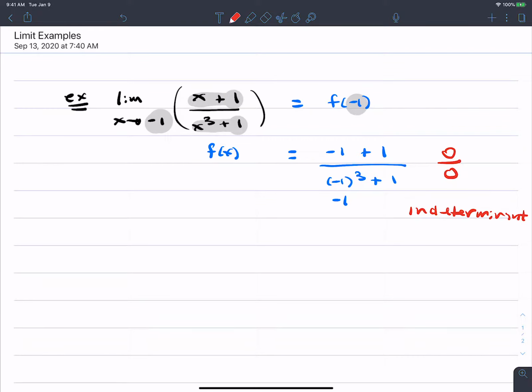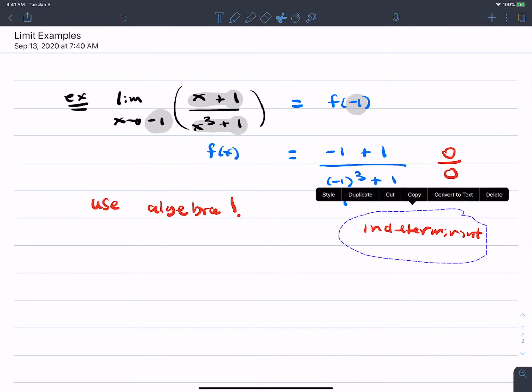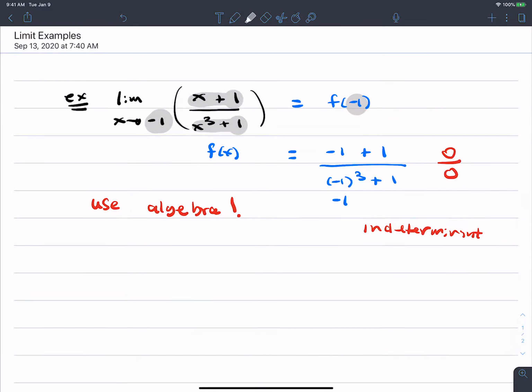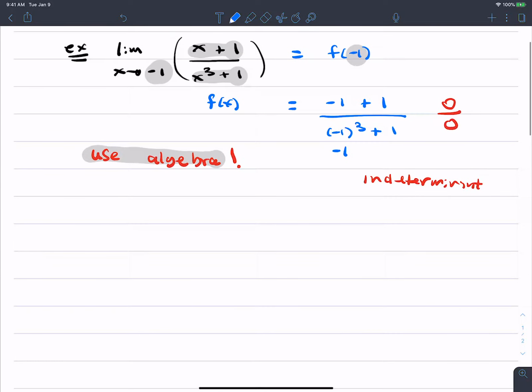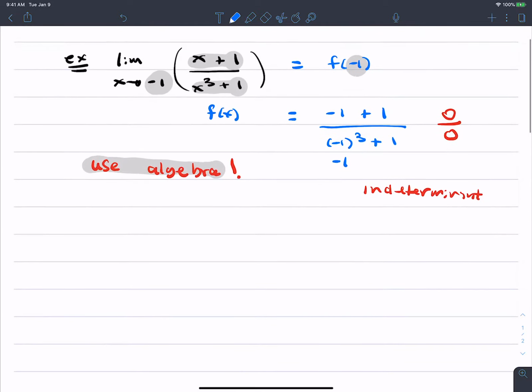And as we've seen, what you do now is you use algebra. Okay, we're going to use some algebra. Now you might say, what algebra can I use in this function?